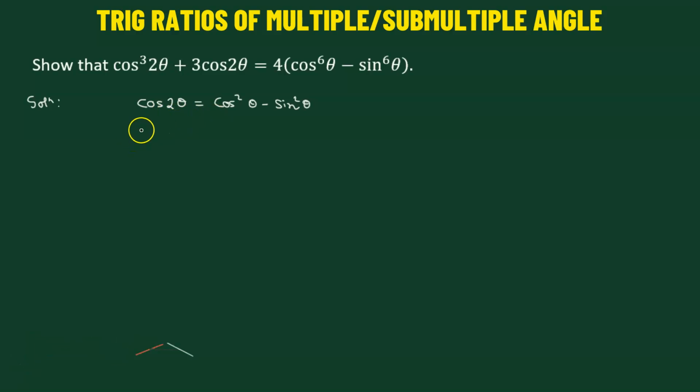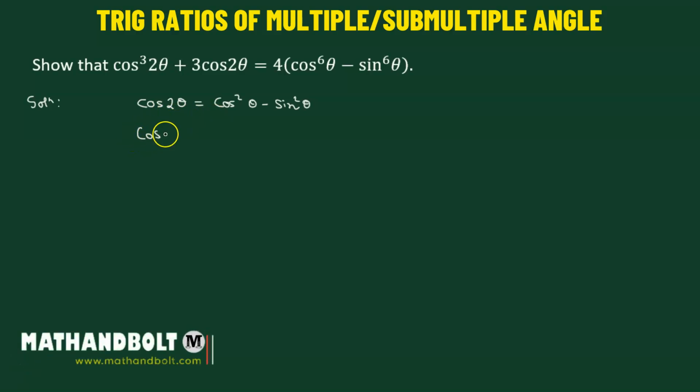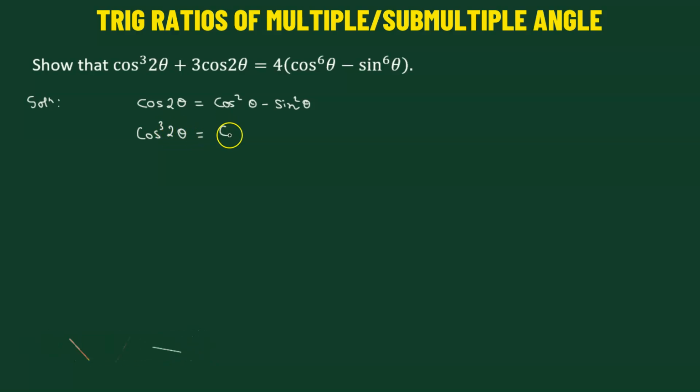We'll cube both sides. That's going to give us cosine cubed 2 theta equals cosine squared theta minus sine squared theta, whole raised to the power of 3. Now let's expand cosine squared theta minus sine squared theta whole cube.